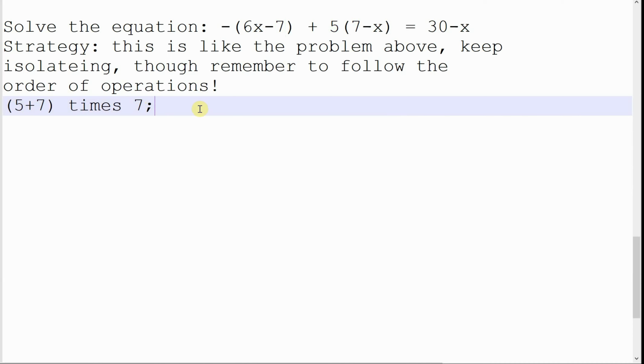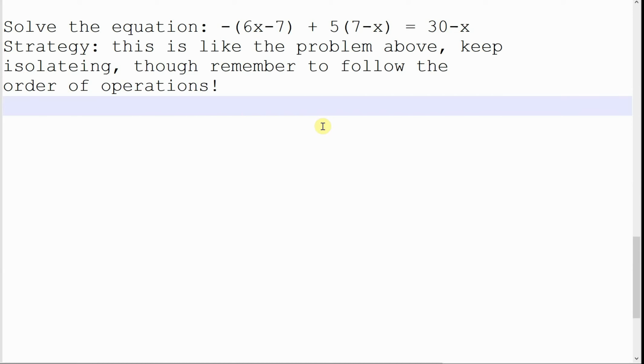Okay, that may be pretty lengthy, but let's go ahead and solve that. That gives us 35 plus 49, which gives us 84. Actually, 12 times 7, you already know, is 84. So that works. We're good to go.